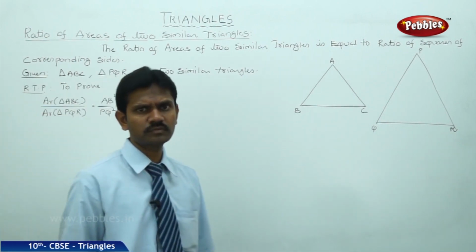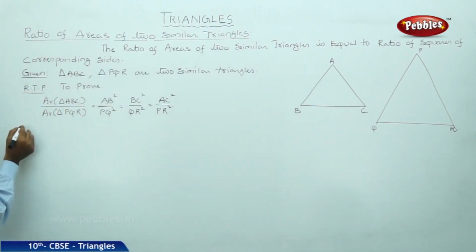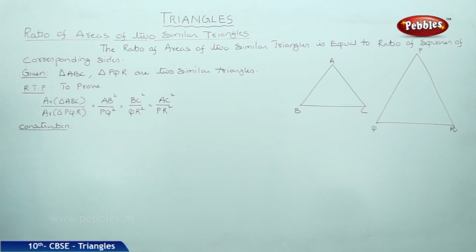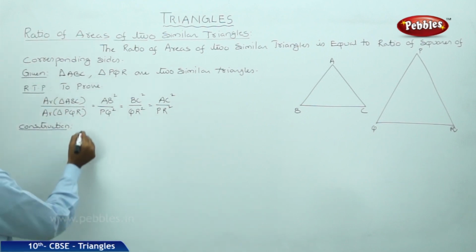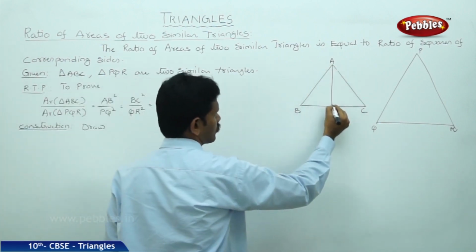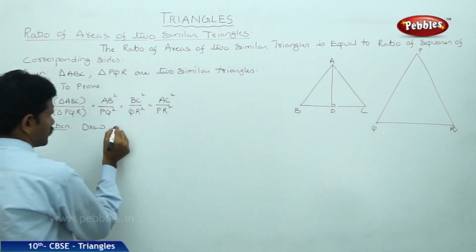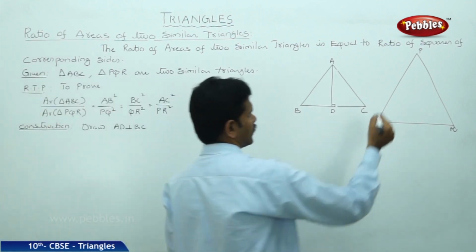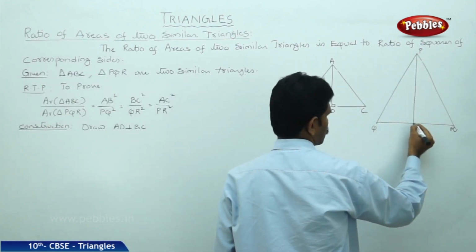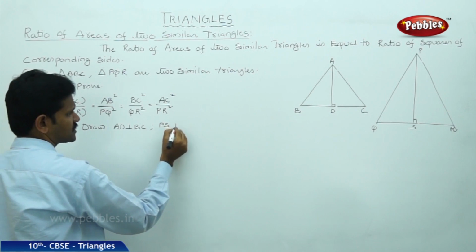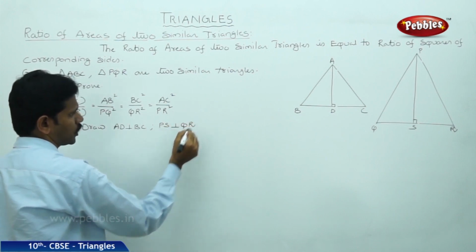This is what we have to prove. Now construction: draw AD perpendicular to BC and PS perpendicular to QR.